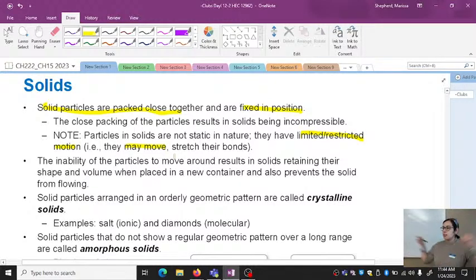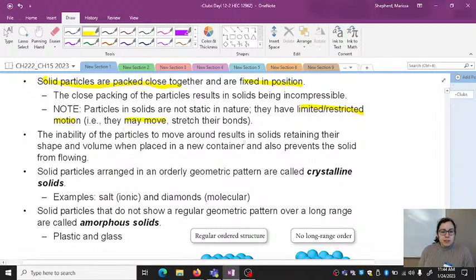They can stretch their bonds a little, some wagging motion, but they're not really moving anywhere. Because they're not moving, they retain their shape and volume when placed in a new container. And so solids don't flow.